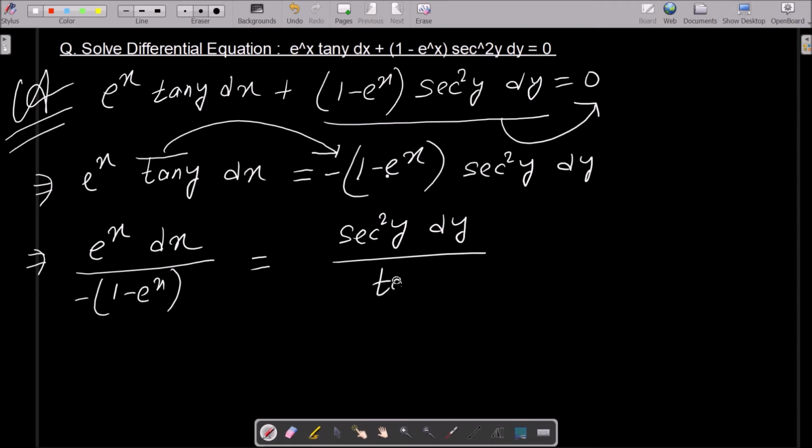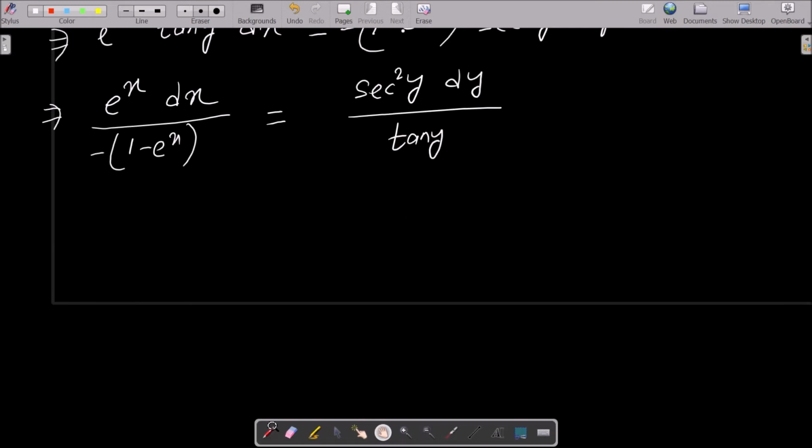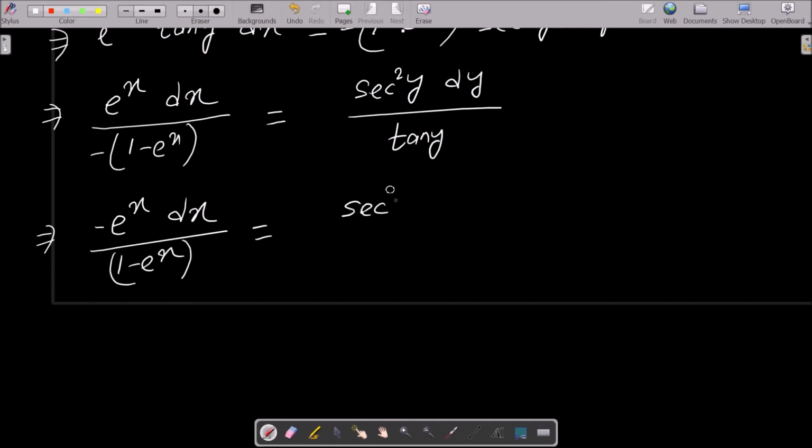There is one more line: this minus I'm going to put above, so e^x dx over (1 − e^x) equals sec² y dy divided by tan y.